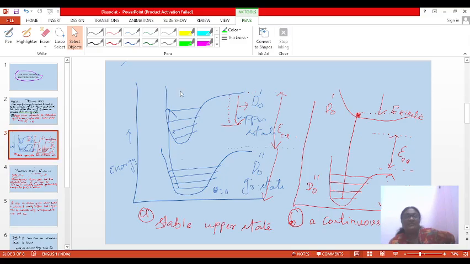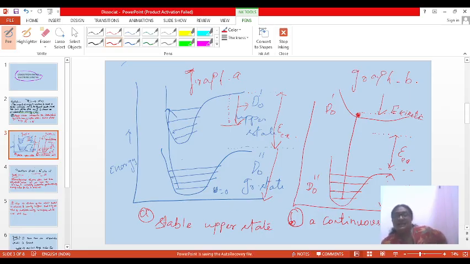Another one is the continuum point, graph A and graph B. Here, graph A and graph B, we will get information.